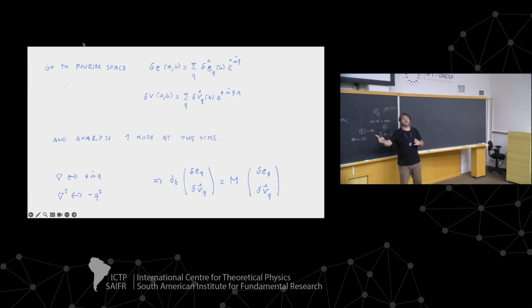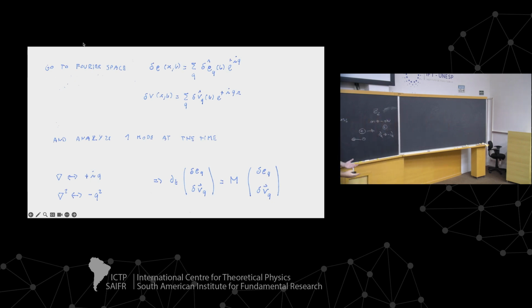You go to Fourier space. Since in Fourier space, derivatives, which look nasty, become multiplication by the wave number. Okay? Imaginary, square, blah, blah, blah. So you write your spatial structure in Fourier, and you see now your perturbation field, d rho and dv, is a sum of many different Fourier contributions.